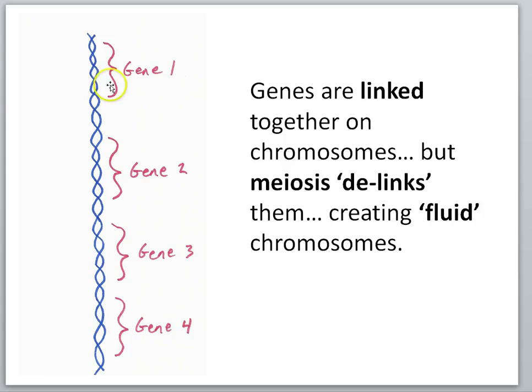In a sense, then, because genes are physically linked along the length of DNA, genes are linked together on chromosomes, but meiosis is delinking those genes, creating fluid chromosomes. And these fluid chromosomes are subject to natural selection. So meiosis means that genes in a population can be combined in different ways, and natural selection then can be acting on all these different combinations of genes.